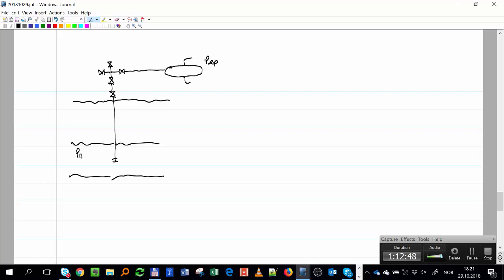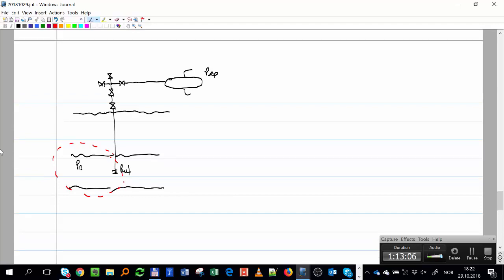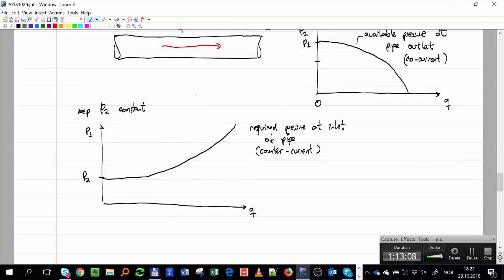So I'm going to ask you, if I go now to PWF, from PR, if I look only at that system, from PR to PWF, what kind of curve does it look, or which system does it look like?